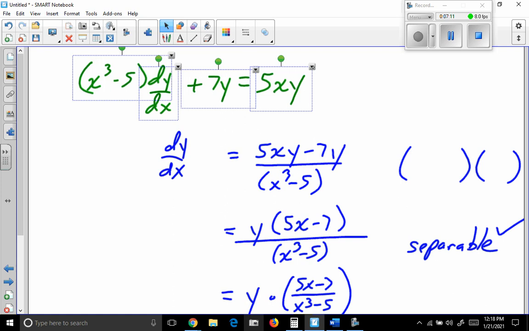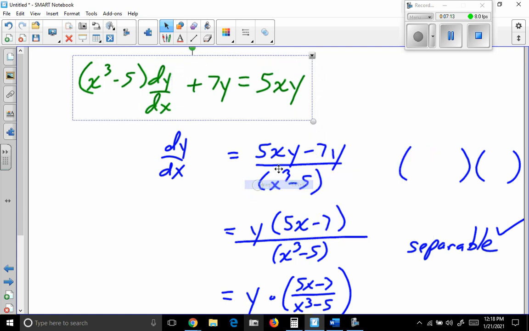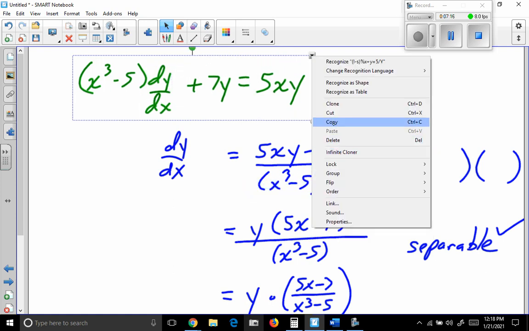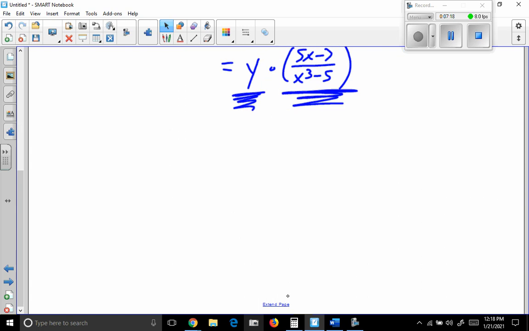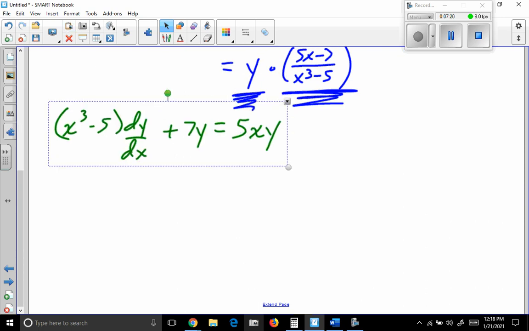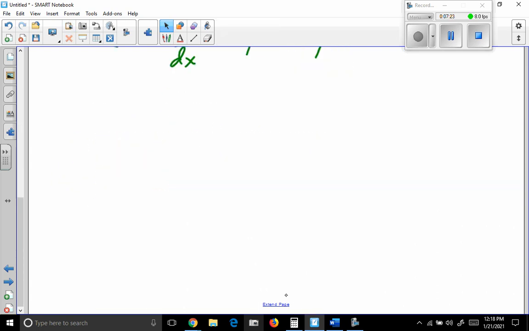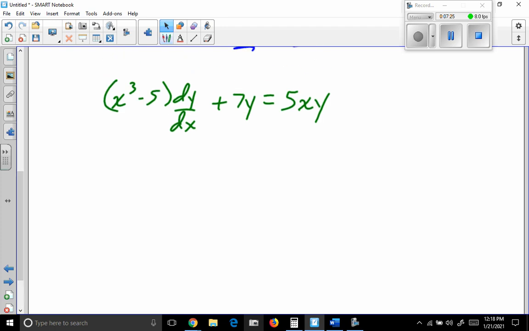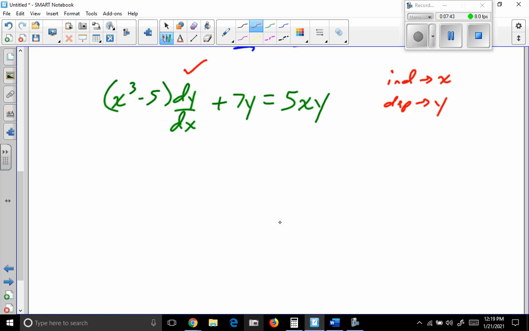Let's copy this and put it down here at the bottom. If it's going to be linear, then we have to keep in mind what's our independent and our dependent variable. So our independent variable is x, our dependent variable is y. So we have to have our first derivative, that's here.